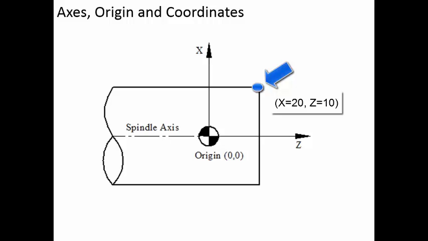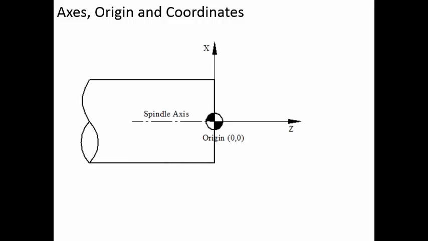So we have to be very careful about the x and z coordinates in the CNC lathe system. In this particular case, we have the origin at the end surface of the workpiece, whereas earlier we had the origin somewhere on the inside. From this we should be very clear that we can have the origin of the workpiece anywhere: on the inside of the workpiece, at the end face of the workpiece, or even outside the workpiece is allowed.